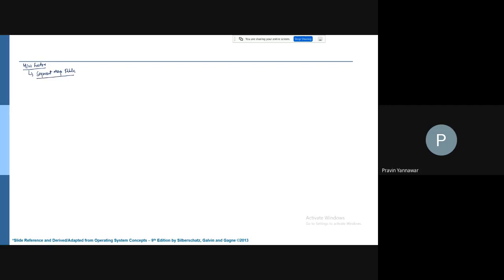Okay, so the segment map table is used in the segmented memory management scheme, where the segmented address space can be implemented using address manipulation hardware, which is similar to the demand paged memory management mechanism, and that is called the segment map table.